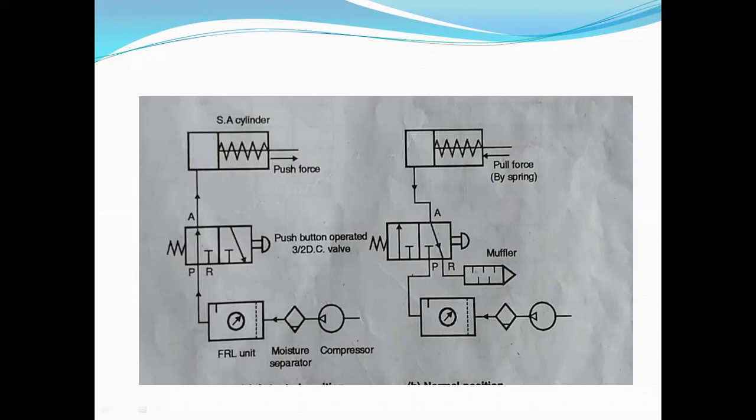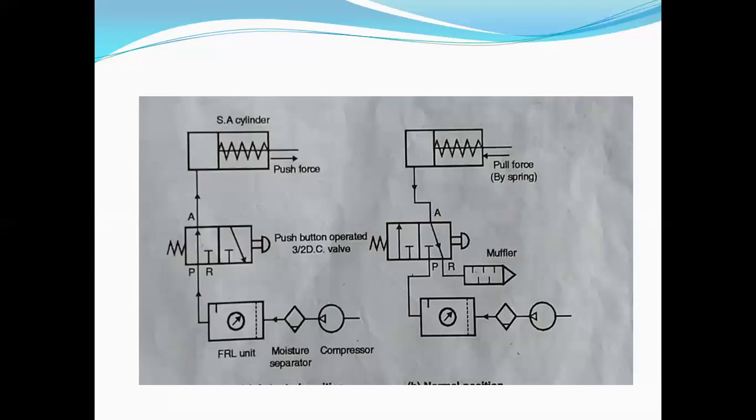So here, the first one is the compressor, in which atmospheric air is sucked, compressed and stored inside the reservoir or storage tank. In the storage tank, as we suck the atmospheric air and compress it, the temperature of the air goes on increasing.